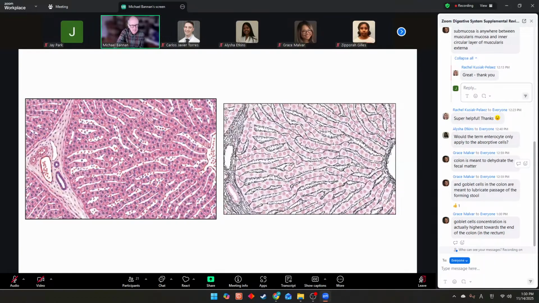And this space is the hepatic sinusoid. So the hepatic sinusoid links the portal triad with the central vein. And when we want to see the structure of the hepatic cell cords in the liver, we will often do a stain that highlights the reticulin fibers on each side of the hepatic cords. And this stain is a reticulin stain.